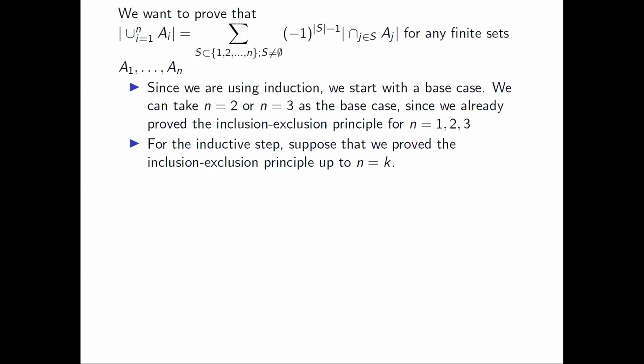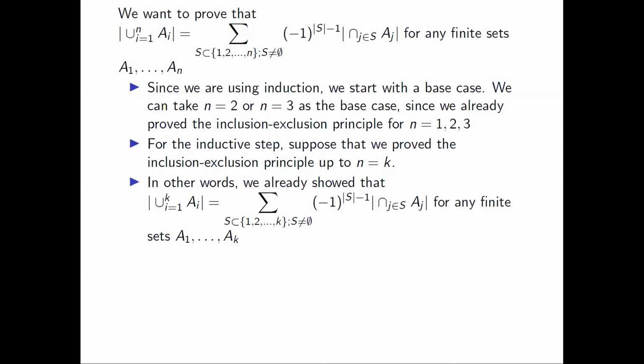For the inductive step, we'll suppose that we have proved the inclusion-exclusion principle for n equals k. And we're going to use that to prove the inclusion-exclusion principle for n equals k plus 1. So our inductive hypothesis is that the inclusion-exclusion principle is true for n equals k.